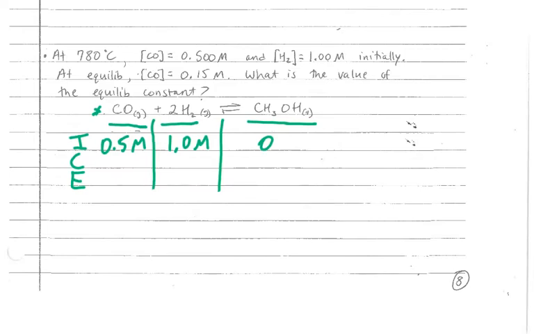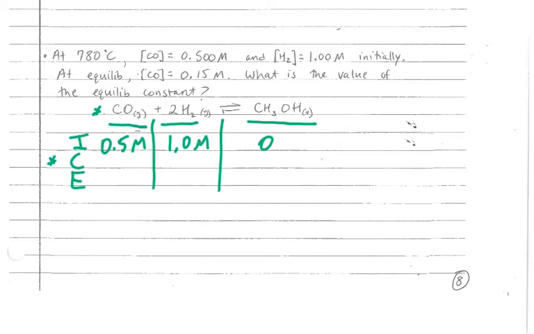Notice that although we have some coefficients here, we don't use that to adjust the initial concentrations. The concentrations are what they are. Coefficients be damned, okay? The change, that is where the coefficients become important. So coefficients are important for this row of the table only.